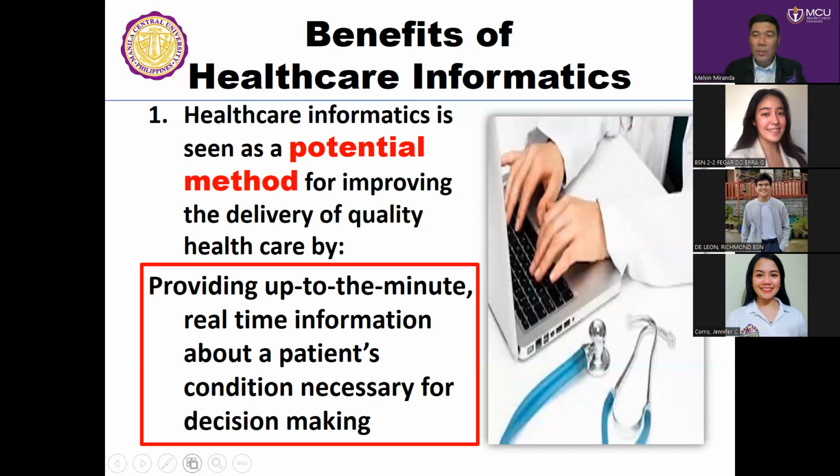Kaya sa telephone orders there could be chances of errors doon. Pwede by text messaging, pwedeng there could be messages that may not be received by the healthcare personnel for orders, or probably the doctors may deny that it's not the exact interpretation of the message it must be.